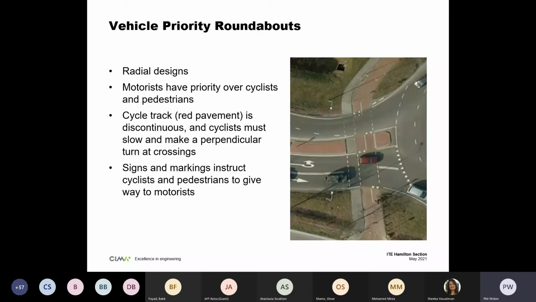In the cyclist priority roundabout, the cycle track, or the red pavement, is continuous through the crossing. And here it's discontinuous. In the cyclist priority design, the cyclist can cross at speed because the design basically instructs them to do that. Here, the cycle track makes an abrupt turn, so the cyclist must physically slow down to cross. So two very different messages are being given by the geometry and by the signs and markings.